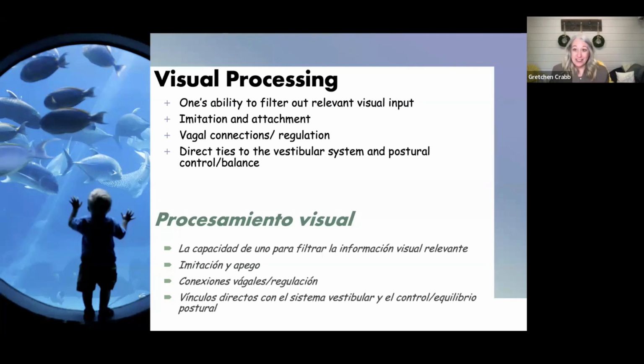I can speak for myself. I am somebody who tends to run more on the hypervisual or the hypersensitive side of the visual spectrum, which basically means I just need a little bit of visual input for that to be processed. If there's too much, I become easily overwhelmed.